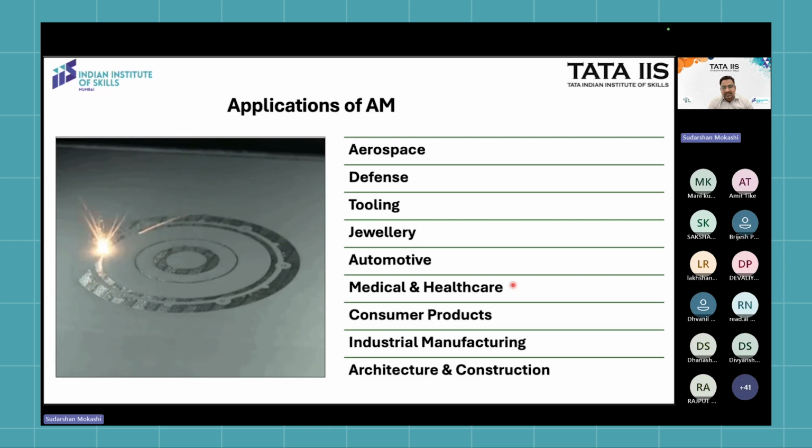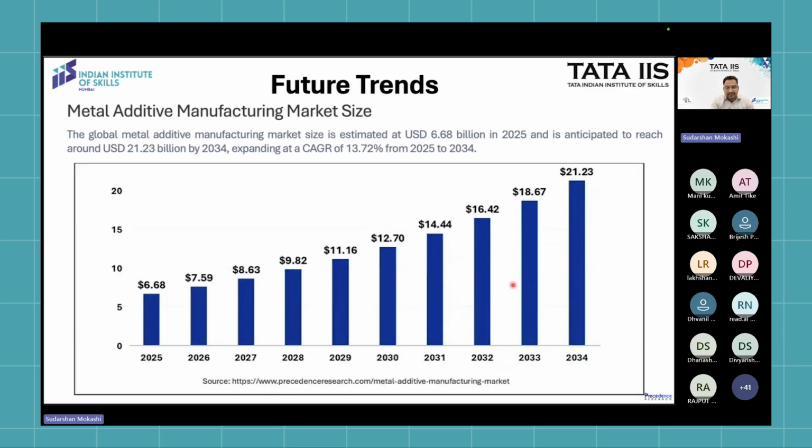So we print the medical implants easily in titanium grade material. Again, other industries like architecture and construction are also using 3D printing to build buildings. Lately, I saw Godrej is using 3D printing for cement. They can build a villa in Pune. So that is also one of the applications for additive manufacturing.